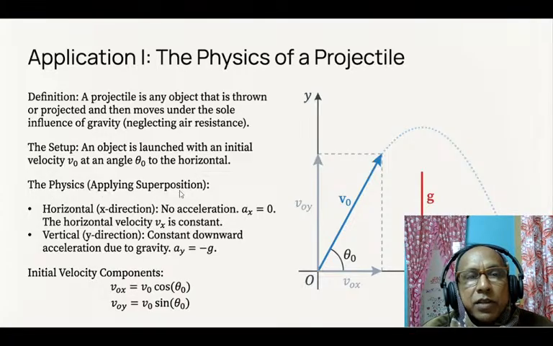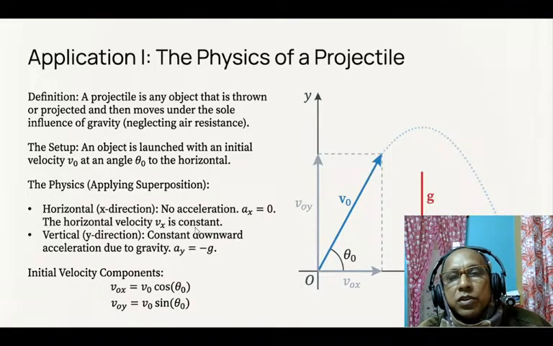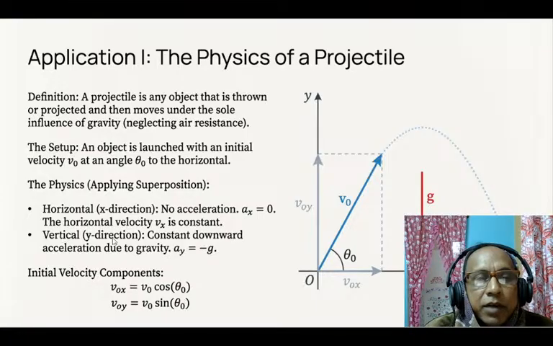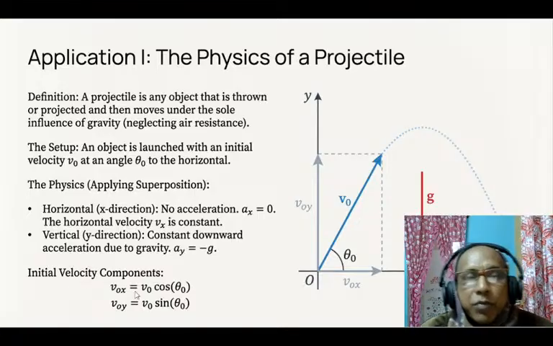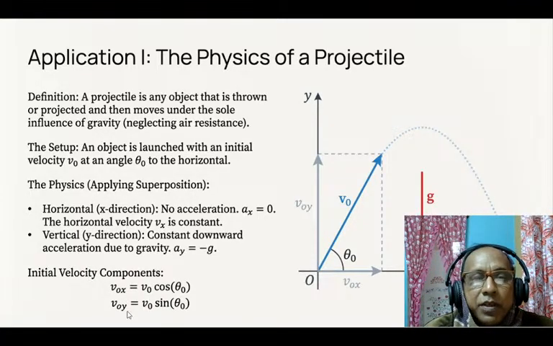The physics, applying superposition: horizontal, x direction, no acceleration, ax equal to 0. The horizontal velocity Vx is constant. Vertical, y direction, constant downward acceleration due to gravity, ay equal to minus g. Therefore, the initial velocity components are v0x equal to v0 cos theta 0 and v0y equal to v0 sin theta 0.